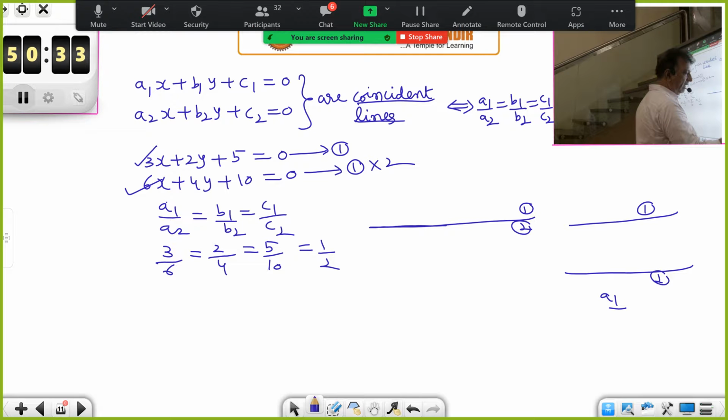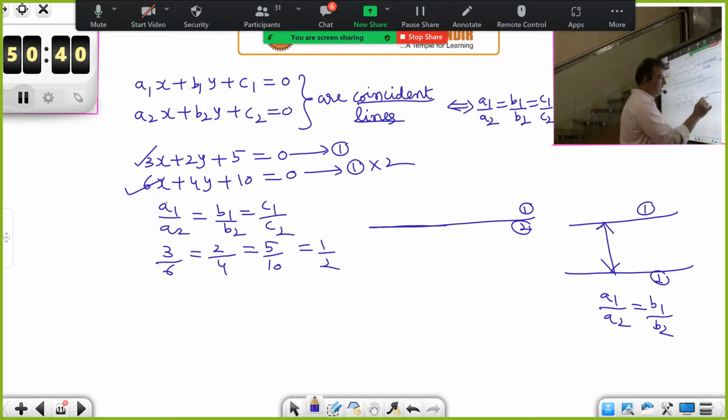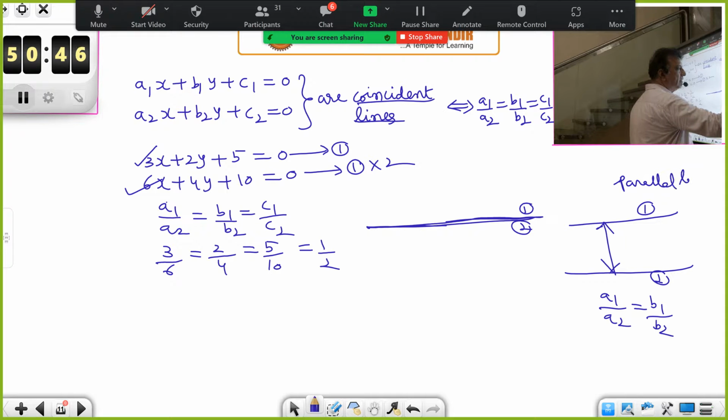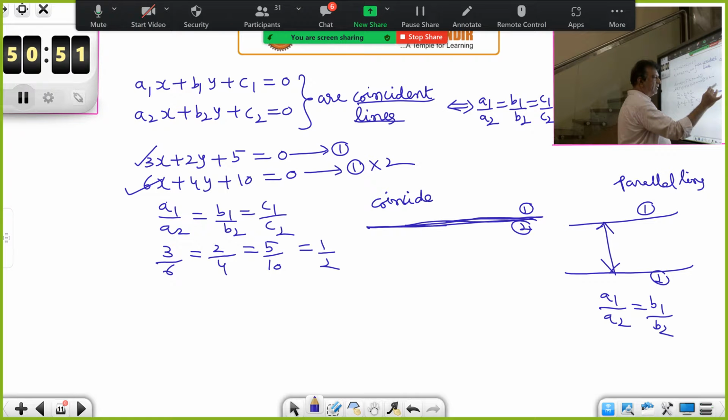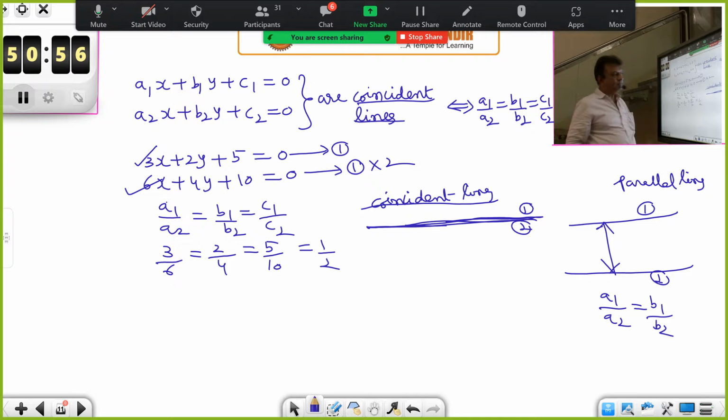Okay. For parallel lines, what is the condition? A1 by A2 is equal to B1 by B2. They are parallel lines, but there is some gap between them here. But coincident lines means they are parallel lines only, but the distance between them is 0.